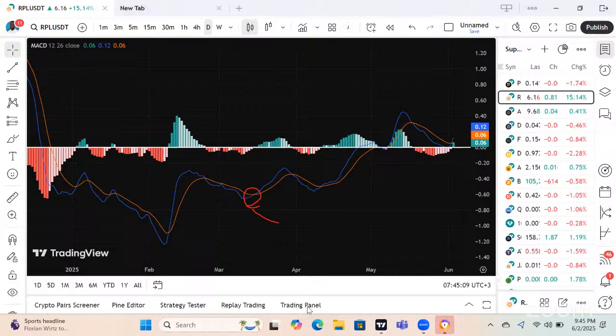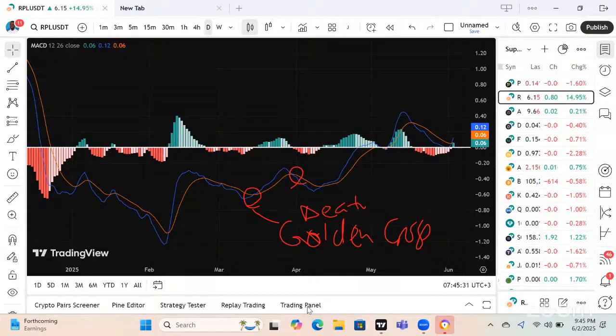This is called a golden cross. Versus on the other side, when the orange line crosses the blue line and goes above it, this is called a death cross. So this is golden, this is golden, this is death, this is golden.